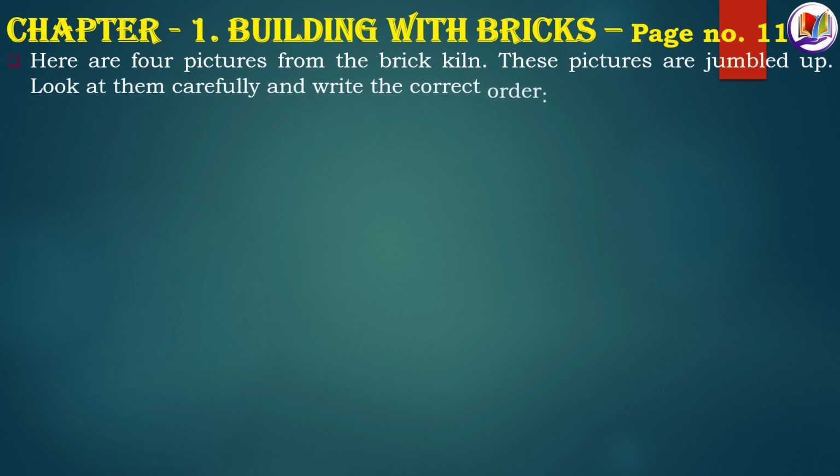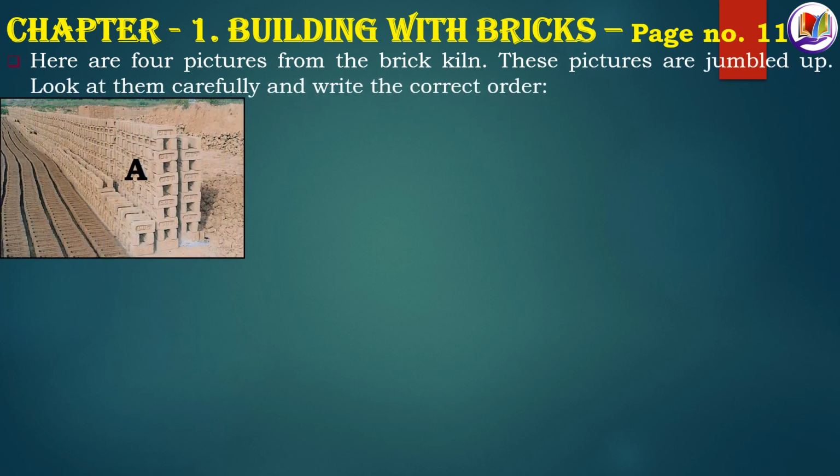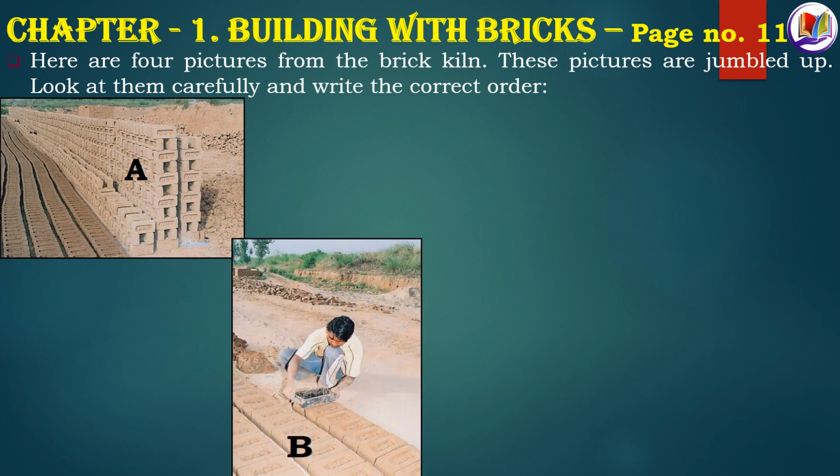Now, here are 4 pictures from the brick kiln. These pictures are jumbled up. Look at them carefully and write the correct order. So, let's have a look at them first. Picture A, you can see the bricks are arranged properly in a line, isn't it? Picture B, you can see a young boy removing the brick from its mold.